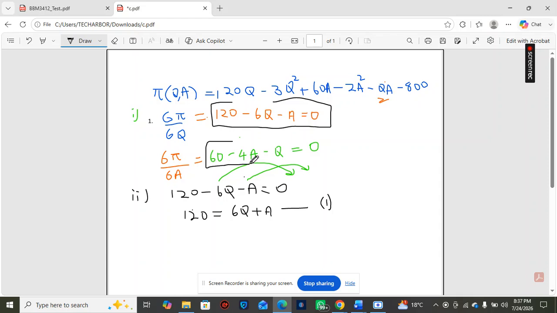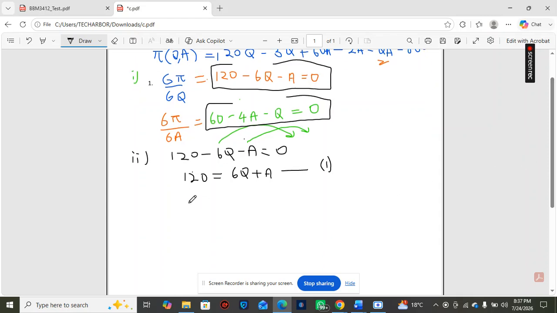We also do the same to this equation here. 60 minus 4A minus Q equals 0.